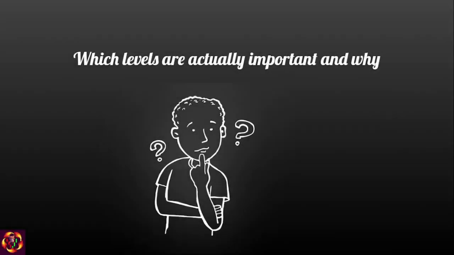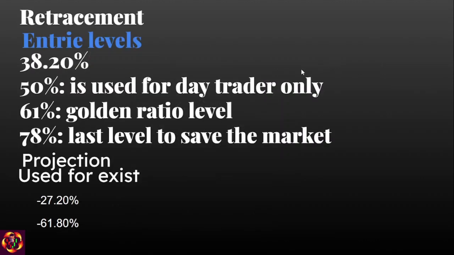Which levels are actually important and why? In retracements, for the pullback, we will look at the 38% level. I normally use the 38% level when the market is in a strong trending market, and the 50% I use for day trading only, and 61% is the golden level.